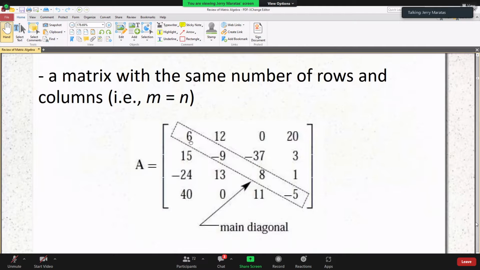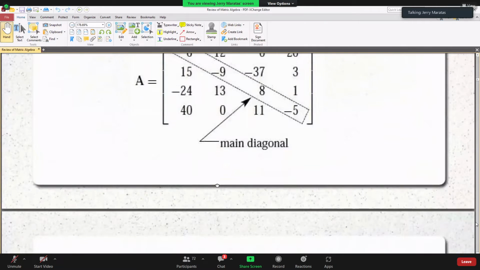The diagonal is termed the main diagonal. A 3 by 3 matrix is a square matrix, a 5 by 5 matrix is also a square matrix, and a 2 by 2 matrix is also a square matrix. In other words, if the number of rows is equal to the number of columns, then that is by all means a square matrix.